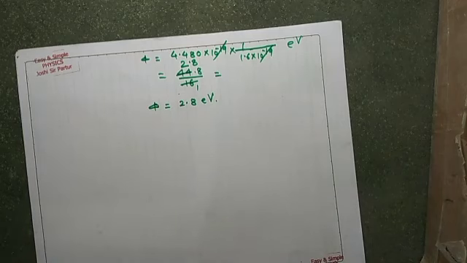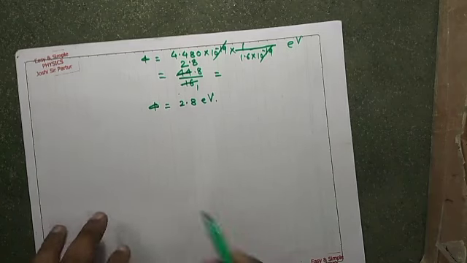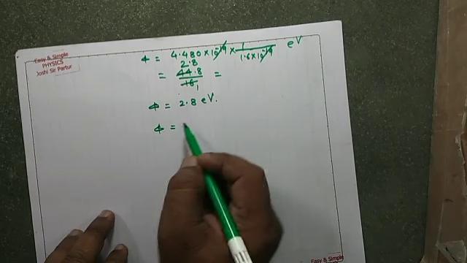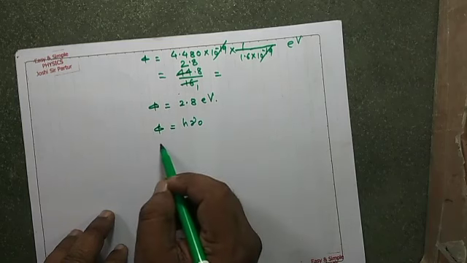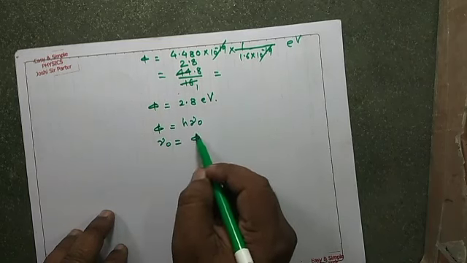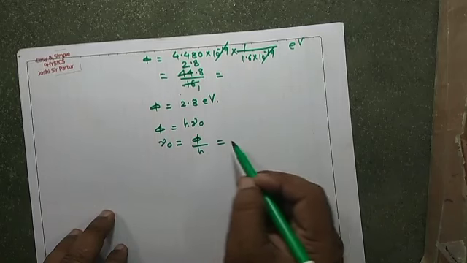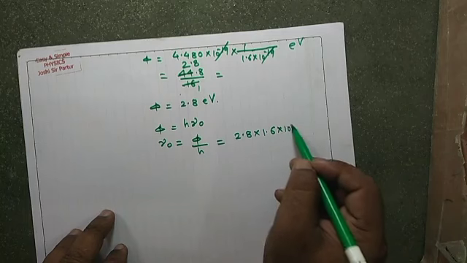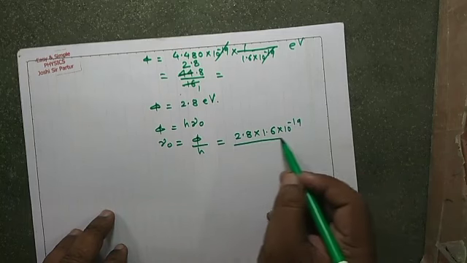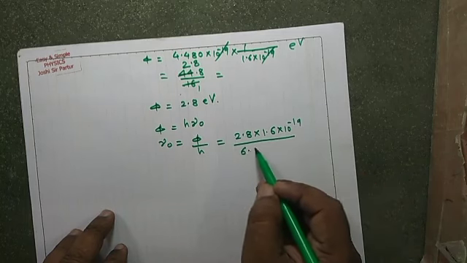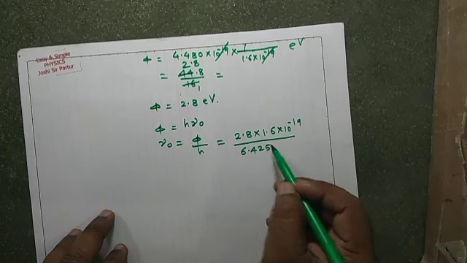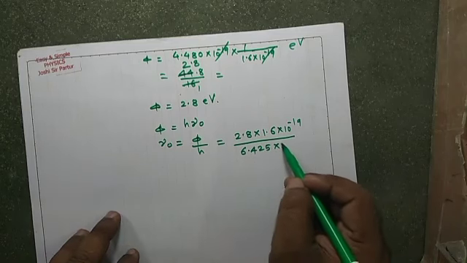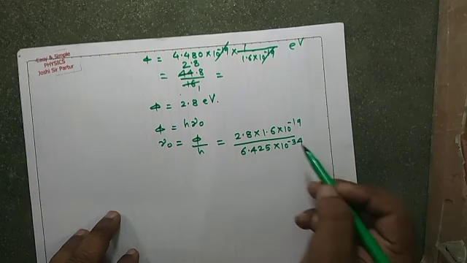That is second answer. So that when we can find out second answer, so we can find the third answer, that will be phi is equal to h nu 0. So nu 0 is equal to phi upon h, that is 2.8 into 1.6 into 10 raised to minus 19 divided by 6.425 into 10 to the power minus 34.